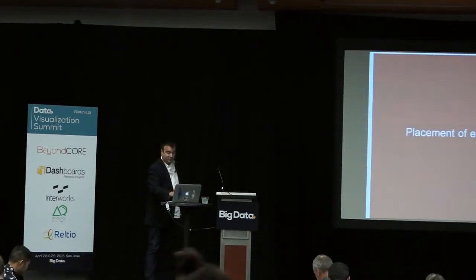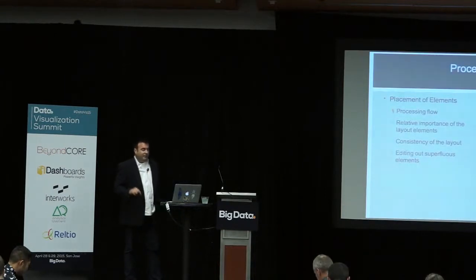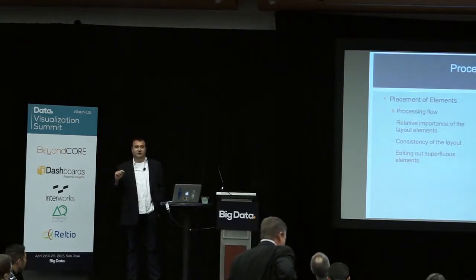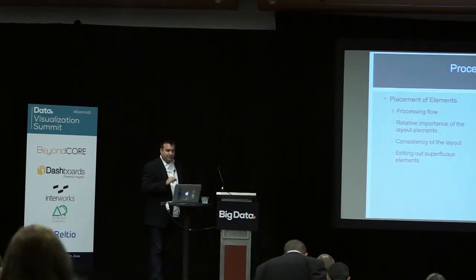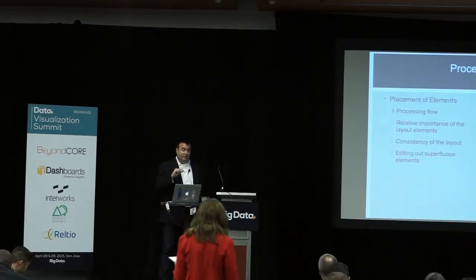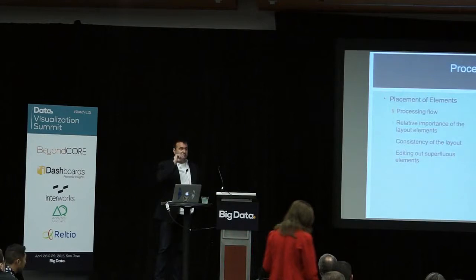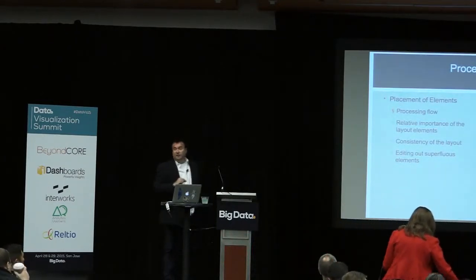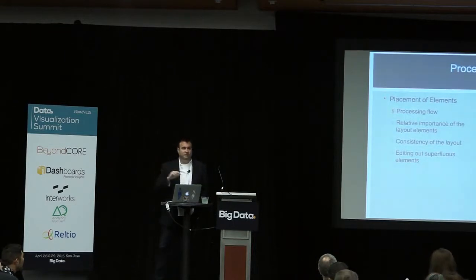So this is what I'm going to start with. Here I'm going to talk about processing flow and how humans actually process a visualization when they see it. The first place that a person is going to look is the upper left-hand corner if they're in the Western world.